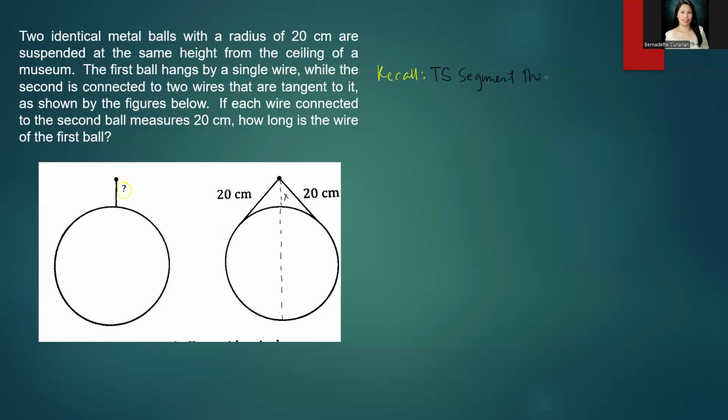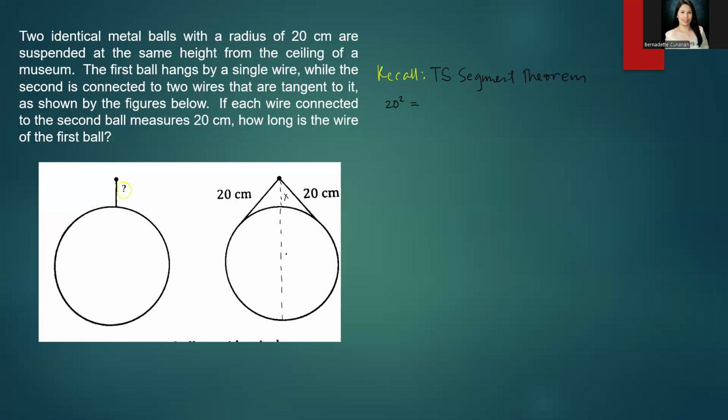So how about this theorem? Whenever a secant and a tangent intersect at an external point, then the square of the length of the tangent segment equals the product of the length of the secant segment and its external part.